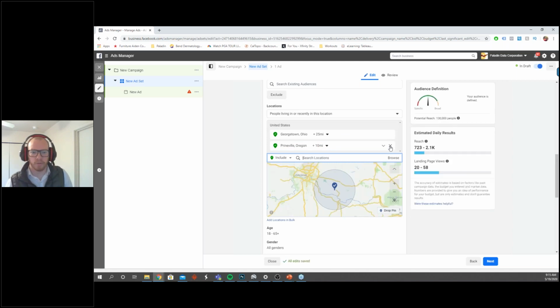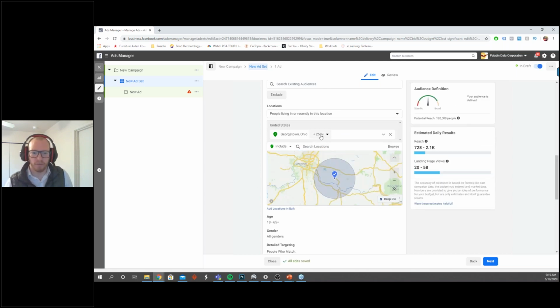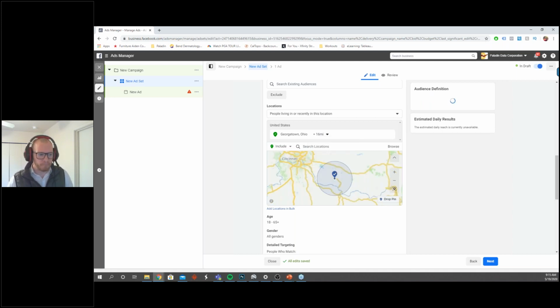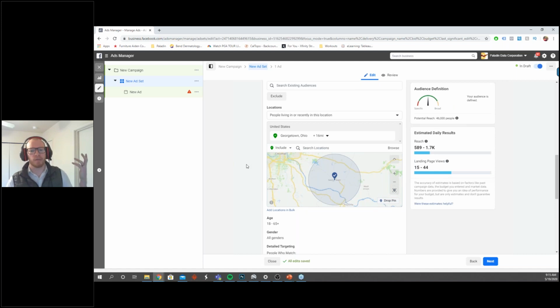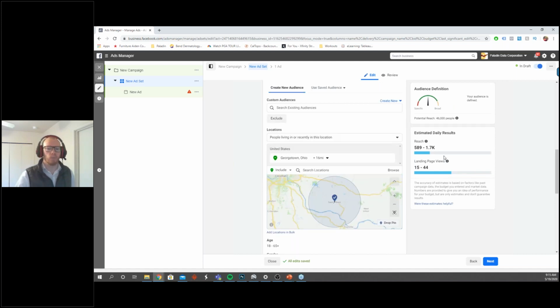All right, so if we do a 25-mile radius, even if we make that a little bit smaller, because people tend to drive no more than 15 minutes, you can put your specific address here as well. So Georgetown, Ohio, for $5 a day, you could reach between 589 people and 1,700 people per day for only $5.